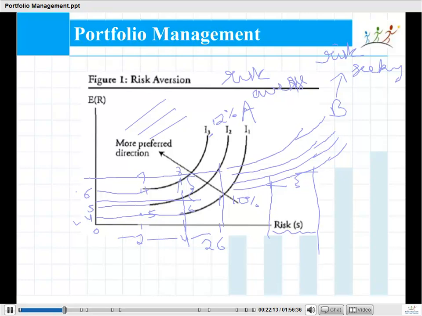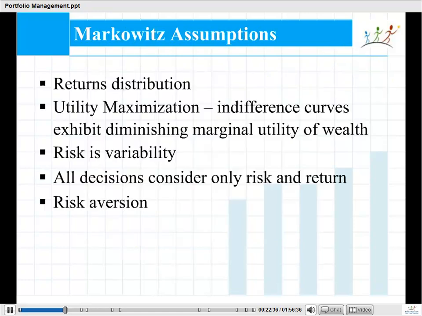But if you want him to invest in speculative grade securities or securities which have too much risk, then he will want a disproportionately higher return. So indifference curves are not flat. They exhibit diminishing marginal utility of wealth, or they are convex in nature.